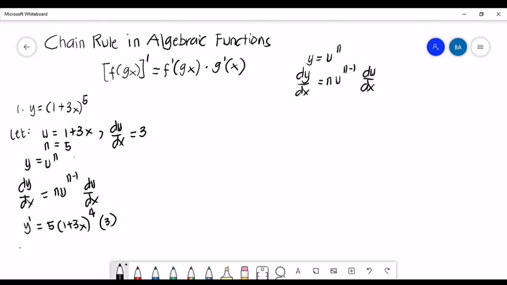So overall, our y prime, or dy dx, is equal to 15 times 1 plus 3x raised to 4. So this is already our answer.